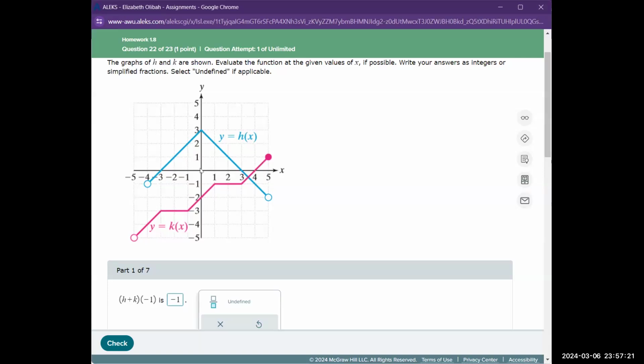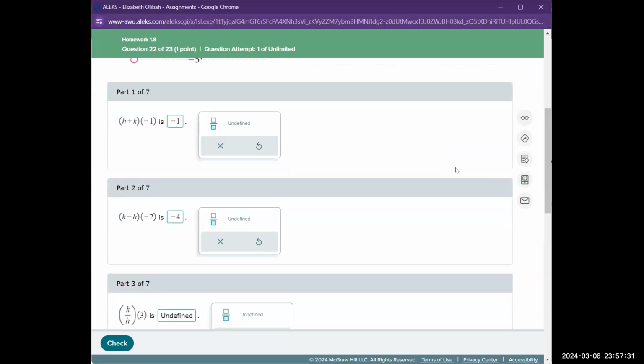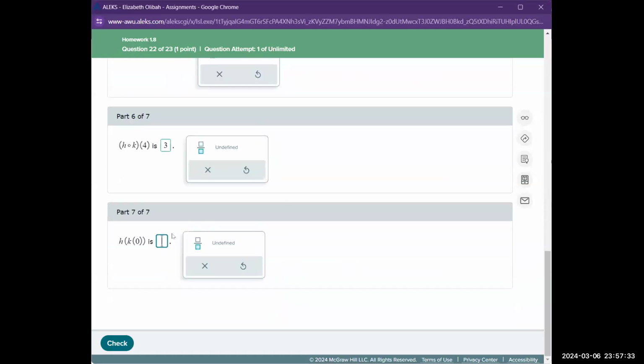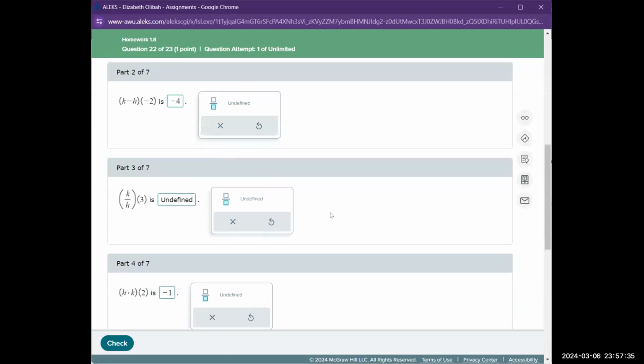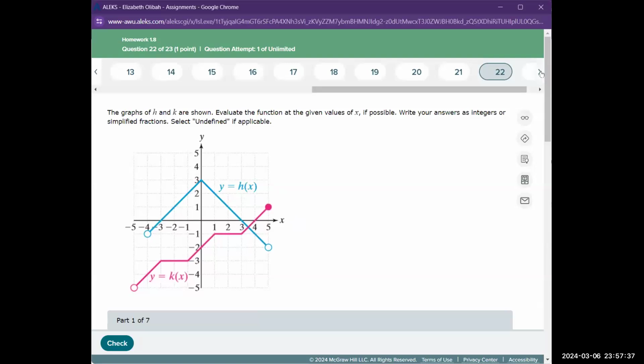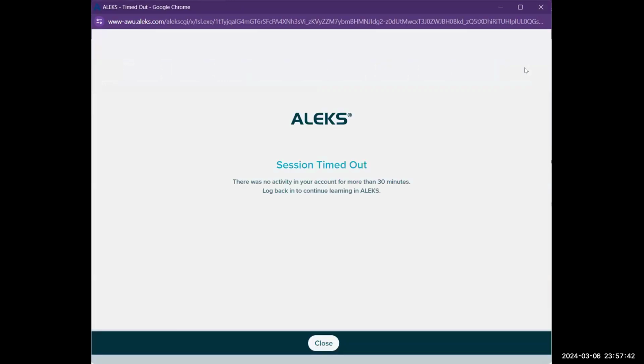So I started at 0 and I found out that the k is -2 there. So then I went to -2 and found out that the blue graph was 1 at that point. So that's how you do it with the graph. It is a little tricky, so definitely try that a couple times if you need to. And then we're going to do the exact same type of thing once I get back in here with the last question.